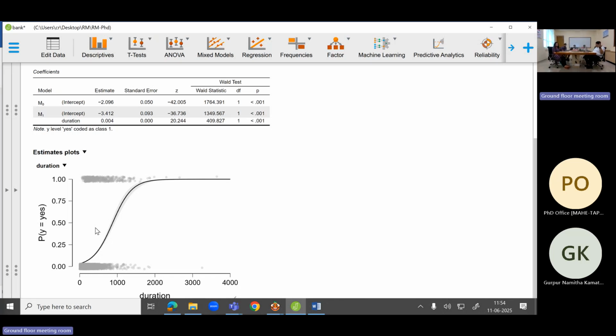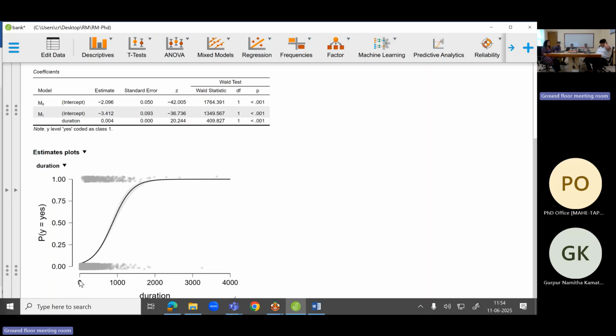So if I have to answer how much time one needs to spend so that there is some chance of success, you have to substitute probability as 0.5.